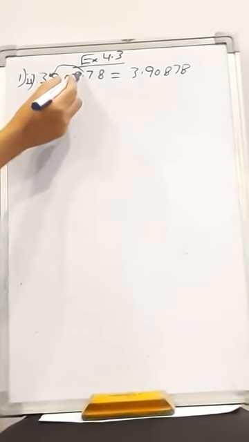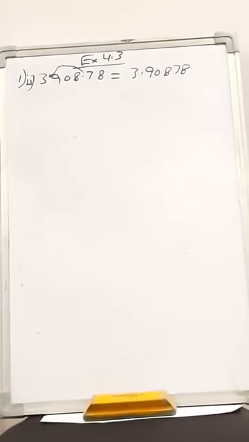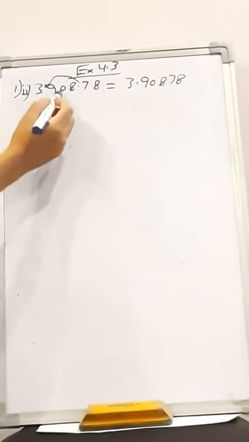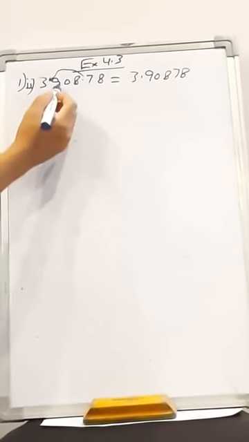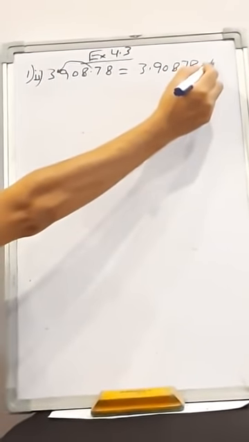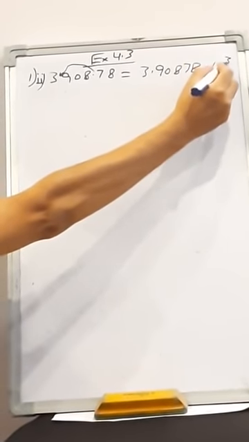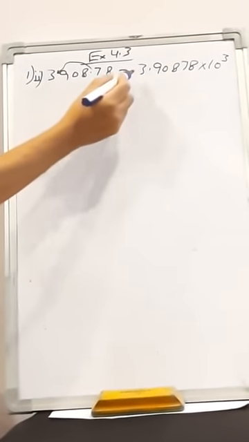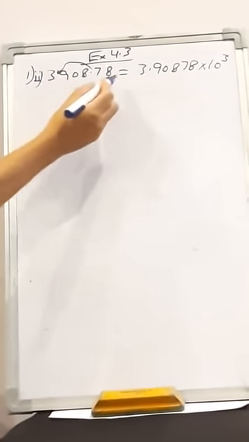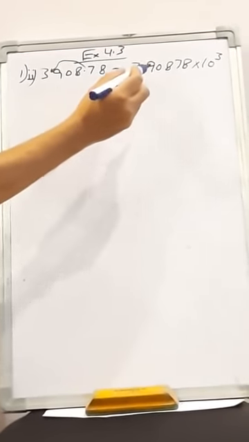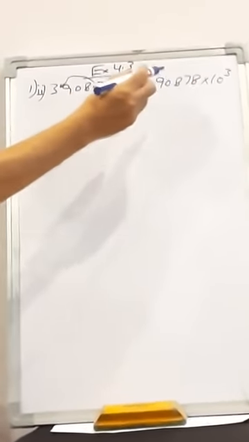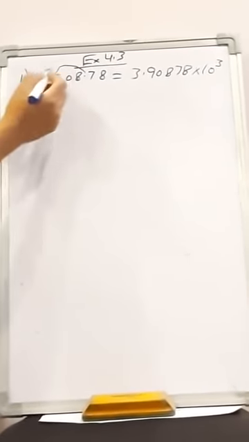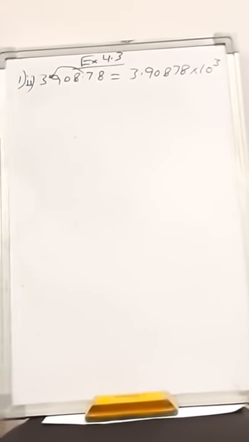The decimal has moved 3 places backward. As many places as decimal moves backward, it will become 10 to the power those many places. So into 10 to the power 3, because we are making this number small, 3908 we are writing as 3 point something. So we have to write multiplied by 10 to the power something, as many places as it is shifting towards left.